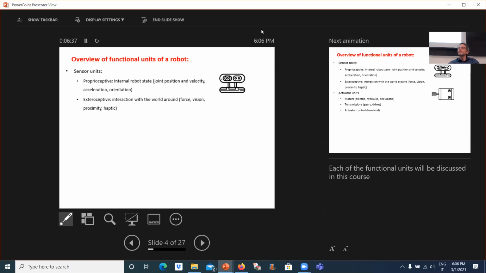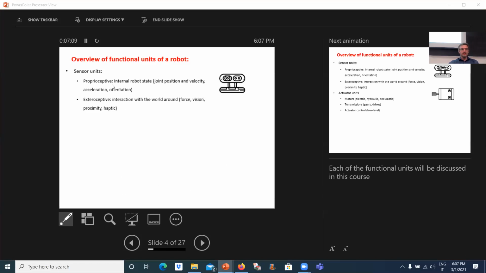Encoders, very good. Let's say that's it. There are also gyroscopes, because accelerometers measure linear and angular accelerations, but they don't measure angular velocity.